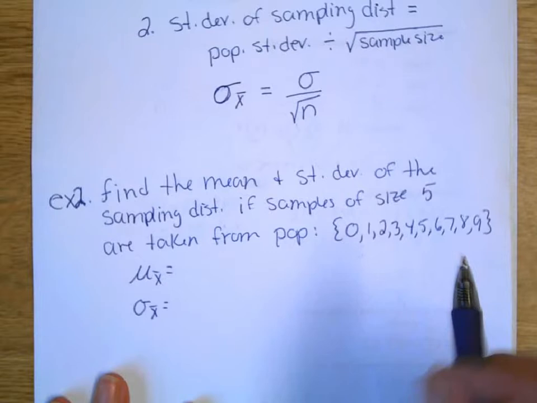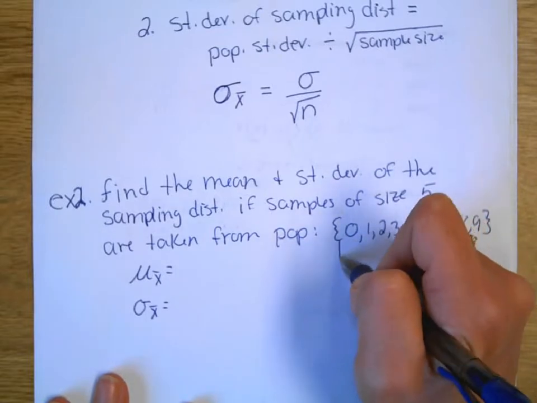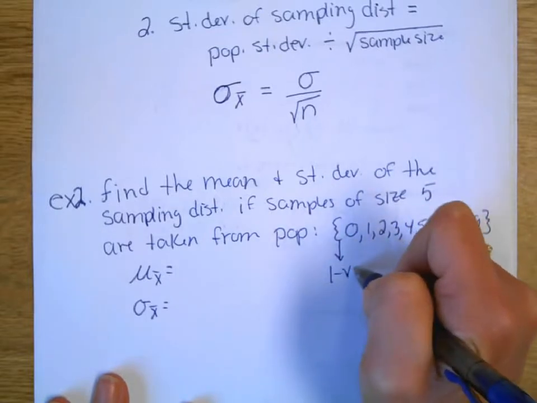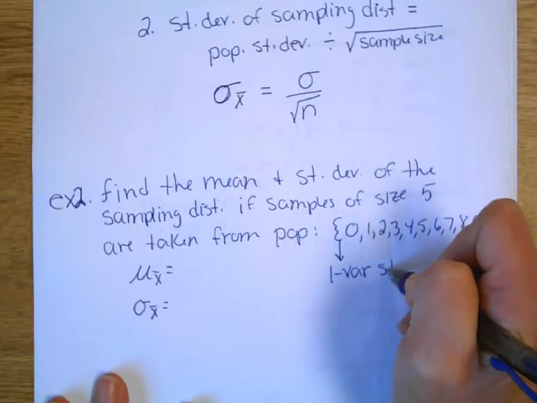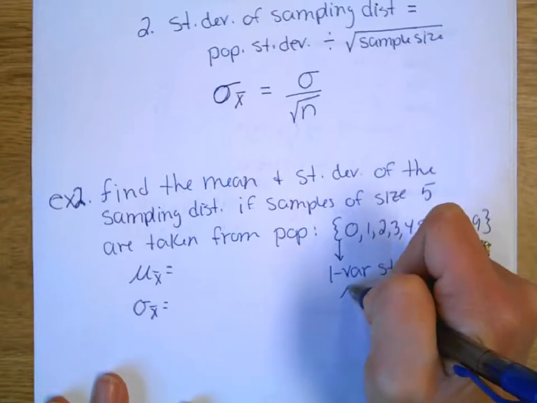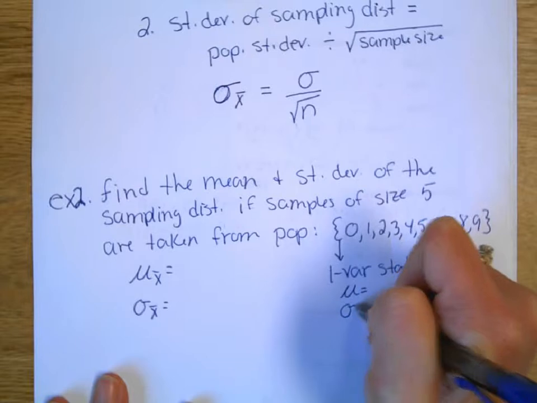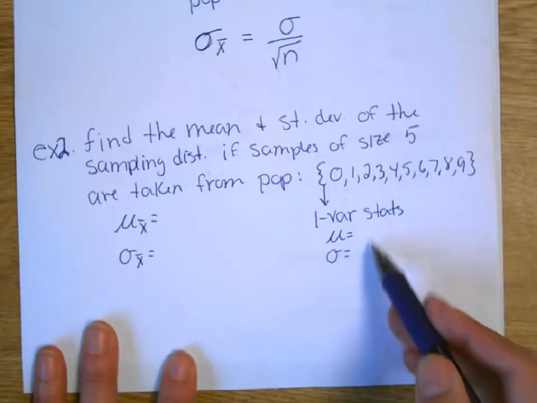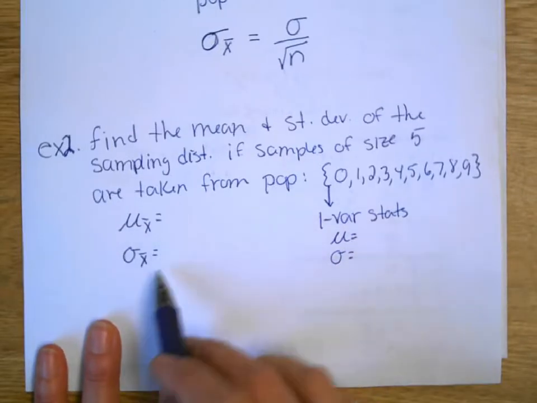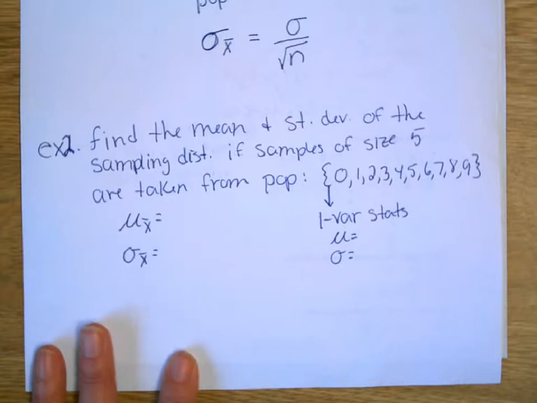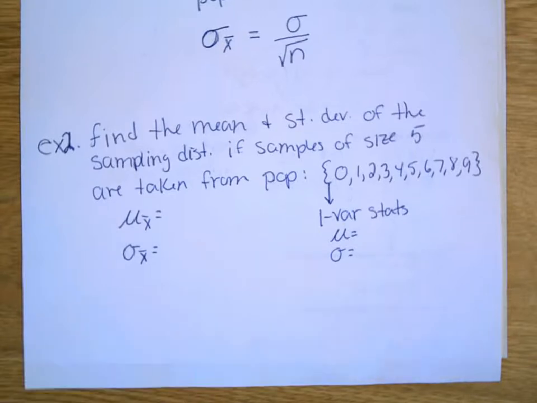So what you want to do is run one var stats on this list to get the mean and standard deviation of your population. Once you know those two things, it's very simple to write down the two things I'm looking for. So it's all calculator work. You just got to type everything in correctly. The mean is going to be the same thing. Standard deviation is not quite the same thing.